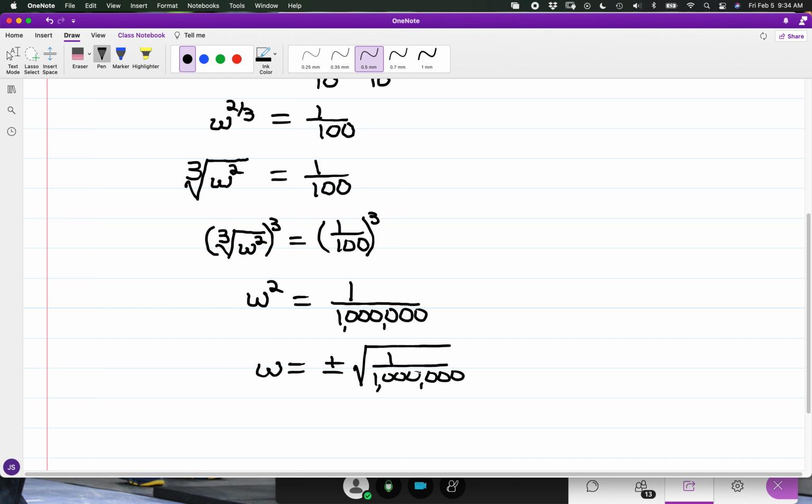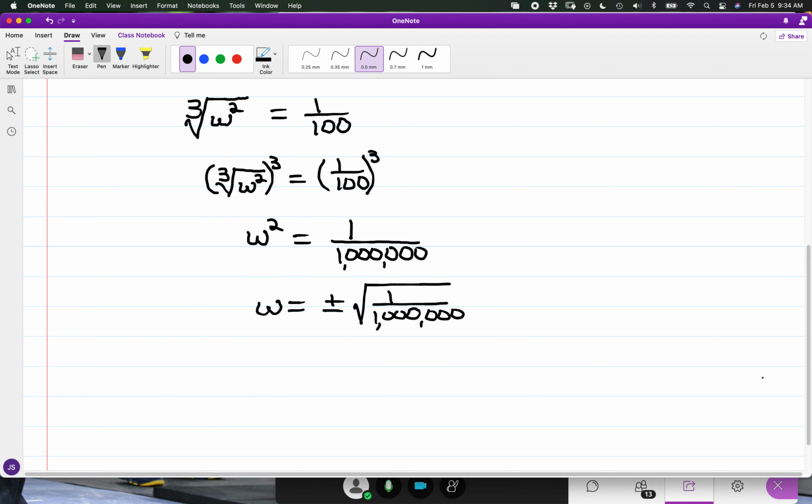The thing about the denominator, 1 million, is not only is it a perfect cube, but it is also a perfect square. The square root of 1 is 1, and the square root of 1 million is going to be 1,000. So for w we have additive inverse solutions, in the case of the small fractions, positive and negative 1 over 1,000.